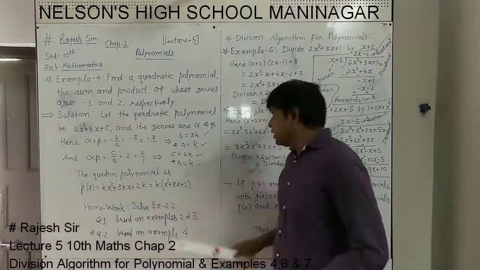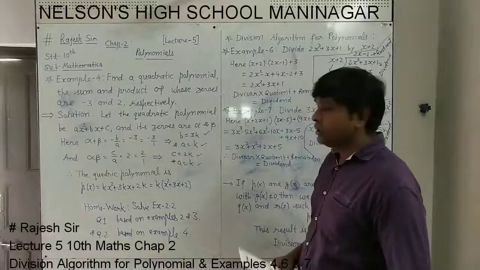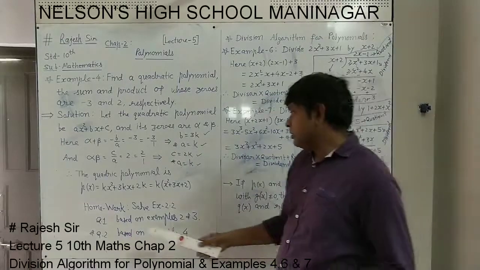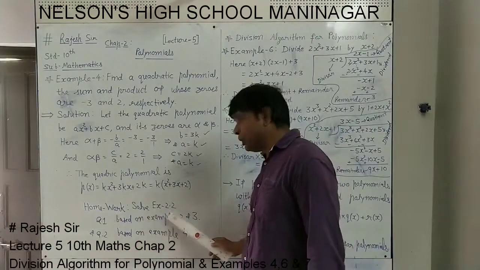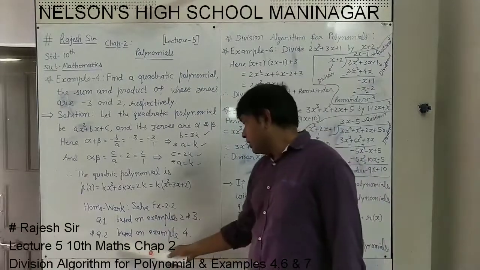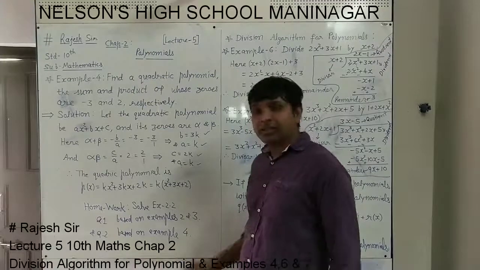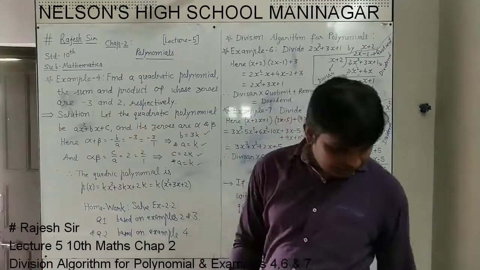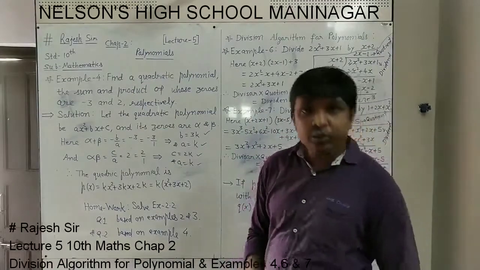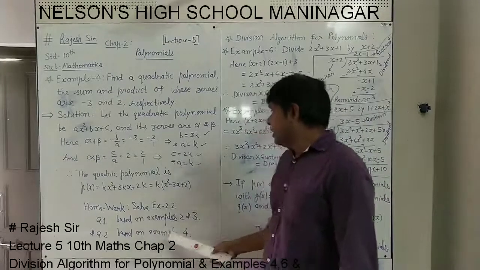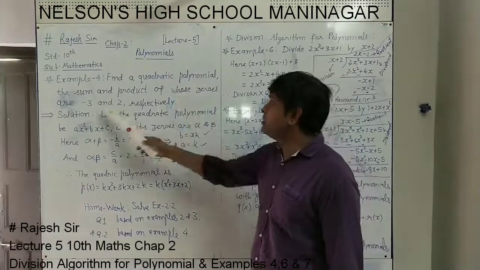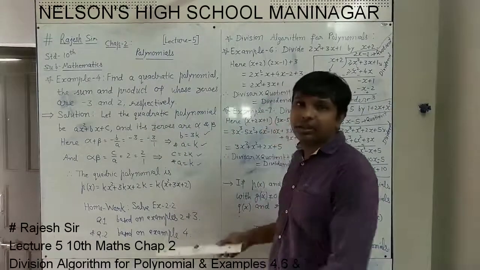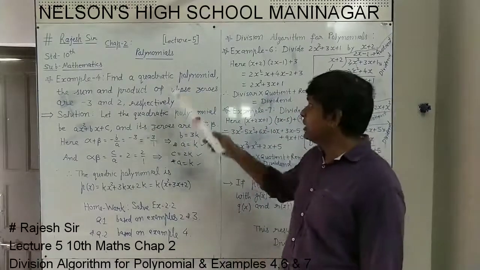After doing example number 4, you will find that question number 2 in exercise 2.2 is based on example 4. In all, 6 questions are given, and in all of them you have to find quadratic polynomials when the sum and product of zeros are given. This is the way you find the quadratic polynomial.